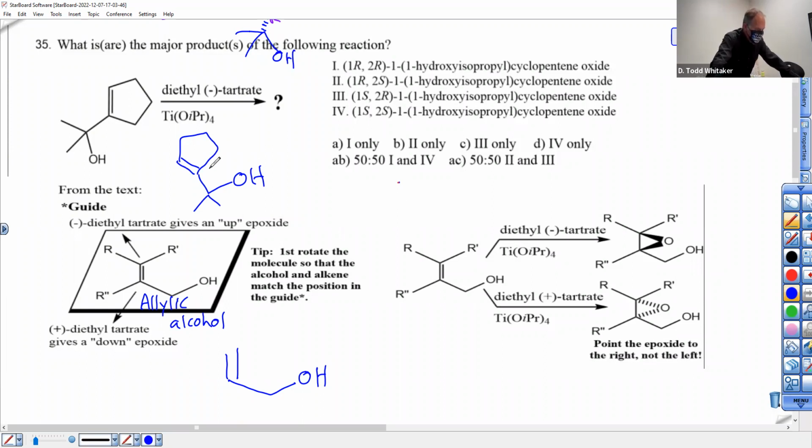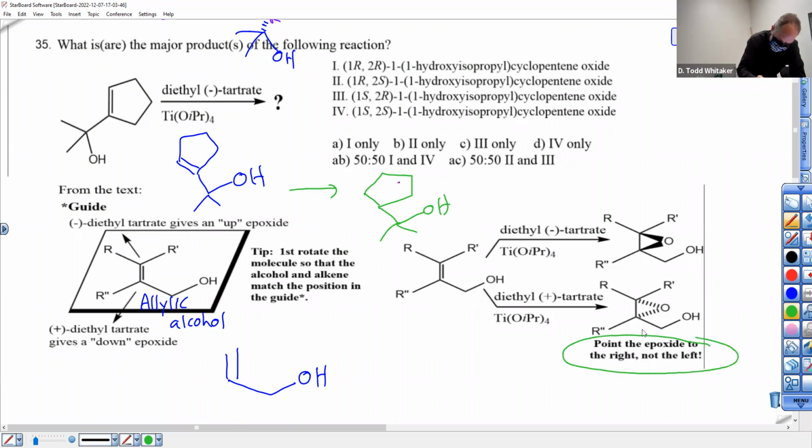And all we have to do is figure out how to draw the final product here. So you copy all the carbons. You copy your allylic alcohol. And it says here, point the epoxide to the right. And when it's minus, it's a wedge to the right.